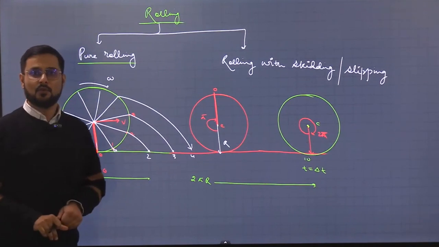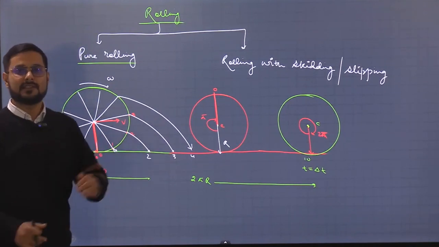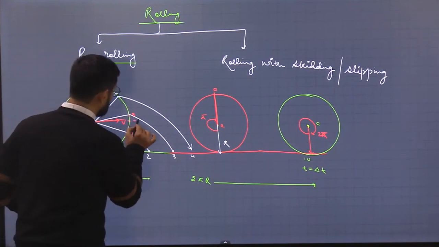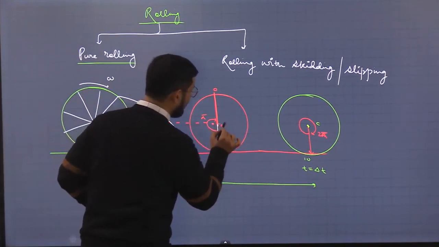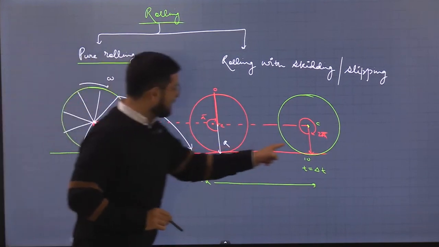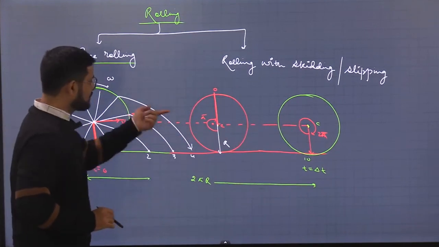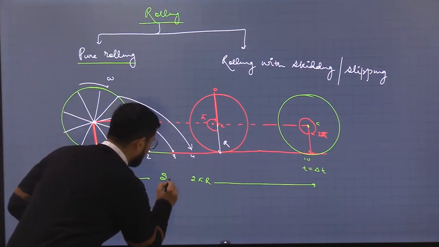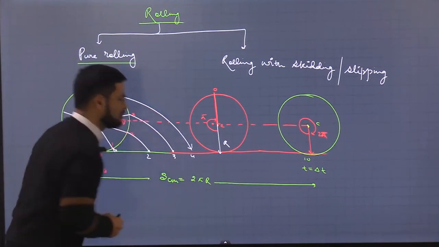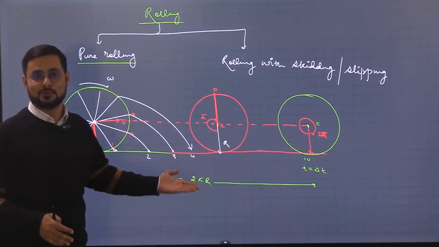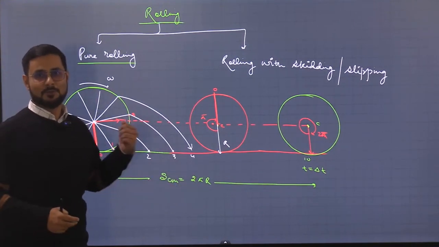And if I ask you what is the translational displacement traveled by the center of mass? Obviously the center of mass has traveled all along this displacement. You can see that this is a rectangle and opposite sides are equal, so the displacement of the center of mass is also 2 pi r. Interestingly, this equation holds true: displacement equals 2 pi r.